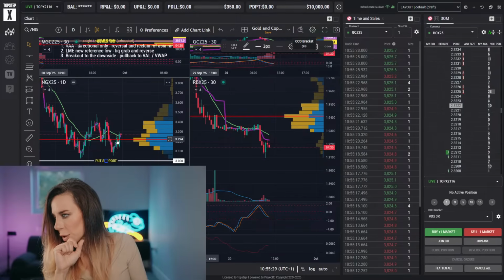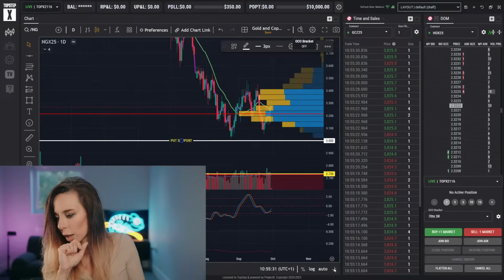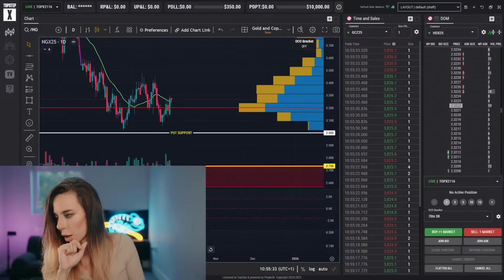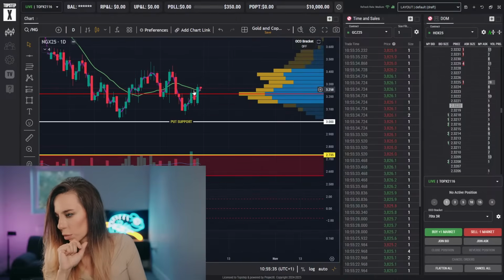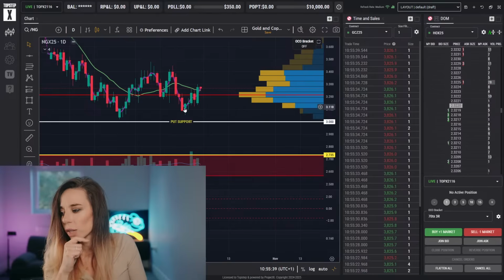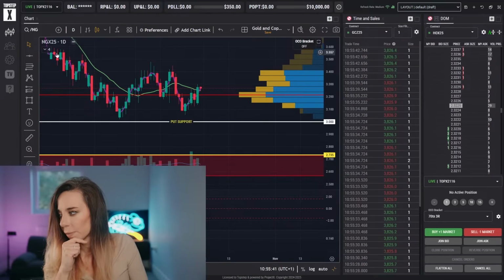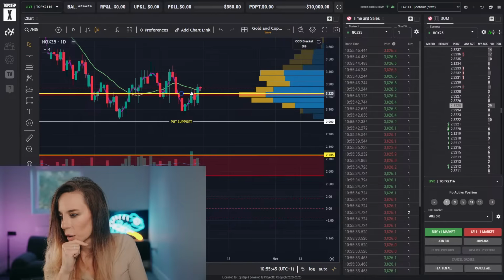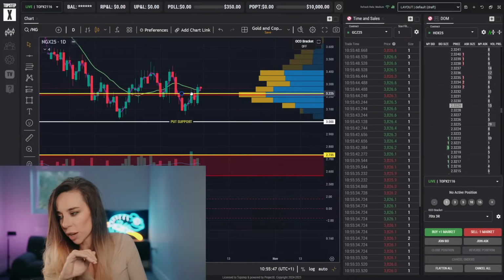Why? Because we also have, if you look at the daily chart and you really analyze it, there is a little rally-based rally here. So that means a test of that market point shift would be on the cards.